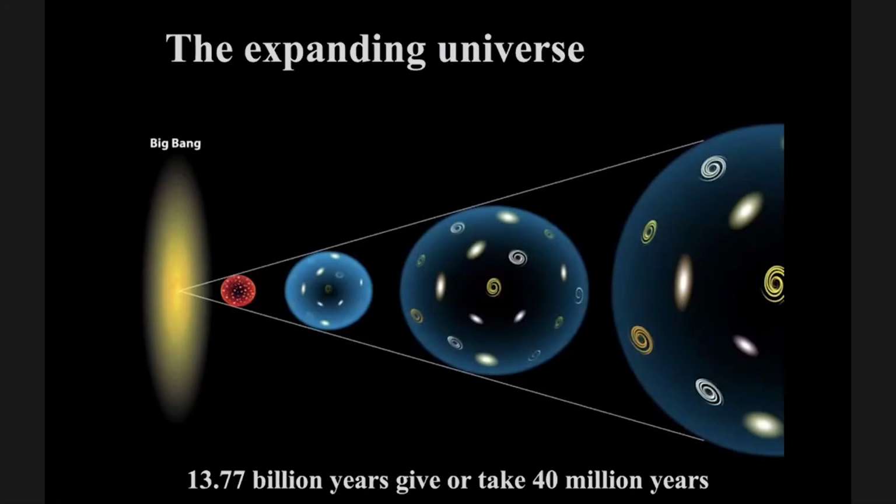Now, what that allows us to do is calculate the rate at which our universe is expanding. And the universe, as you may know, started off with something called the Big Bang, a huge explosion that threw everything outwards from a singular point. And gradually over time, the universe is getting colder and colder and expanding out to be bigger and bigger.